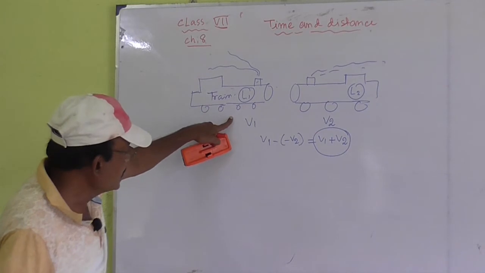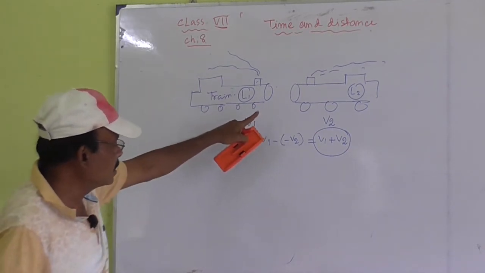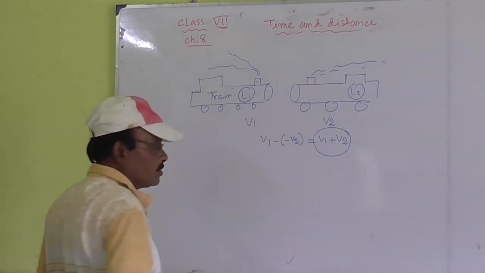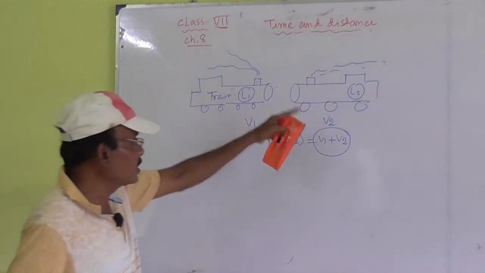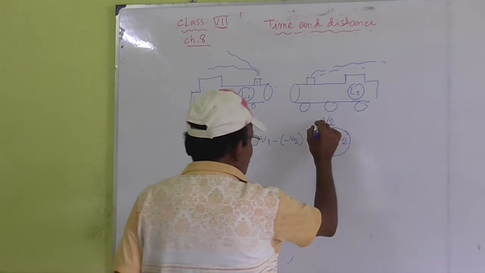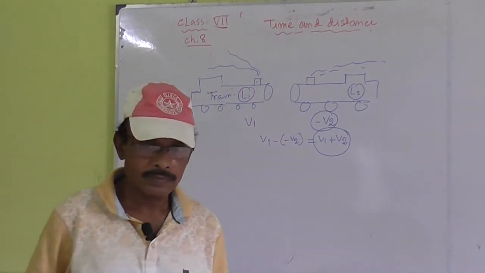This train is coming from the left hand side and going to the right side. So, its velocity, let us take the positive velocity, and if this train comes from the right hand side to left hand side, its velocity is taken as minus V2.